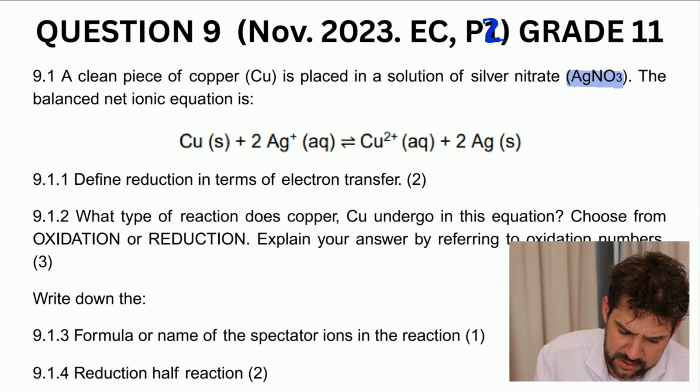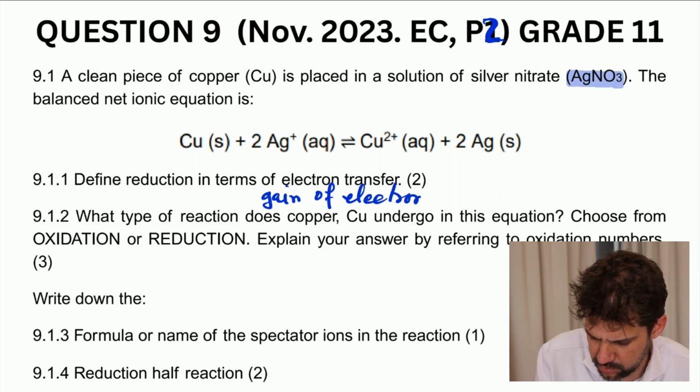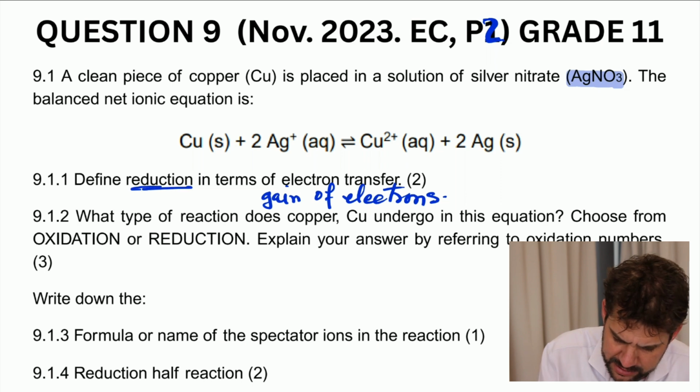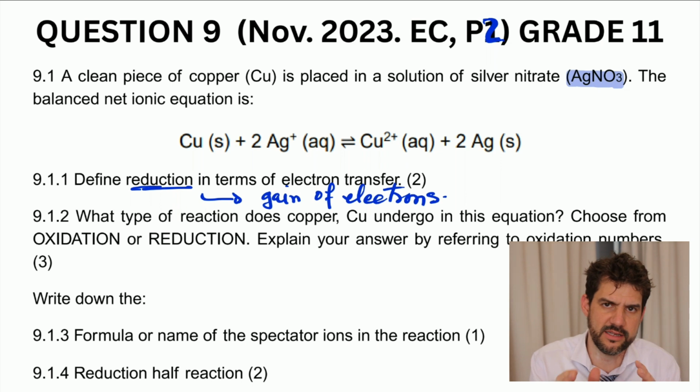So, let's write it here: gain of electrons. Remember, when we did acids and bases, the protons were transferred. This time, electrons are the ones that are going to transfer. So it's quite simple, right?